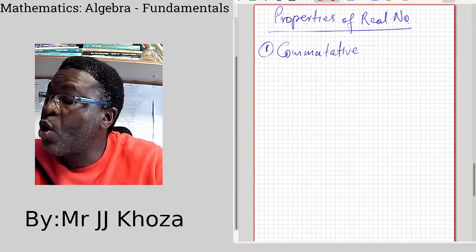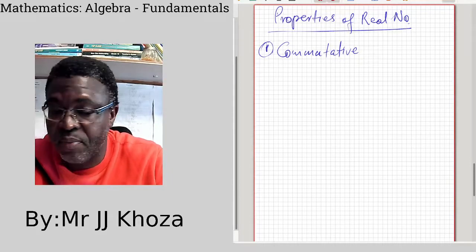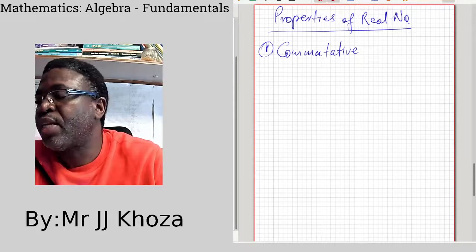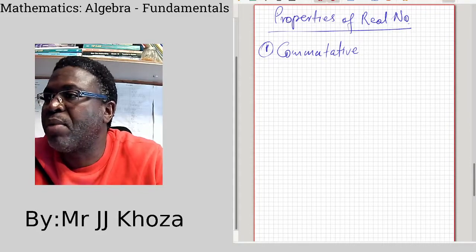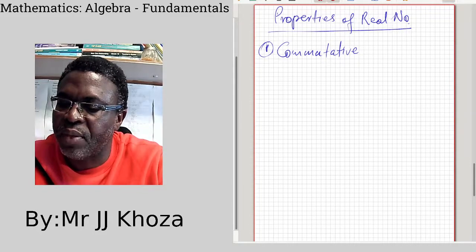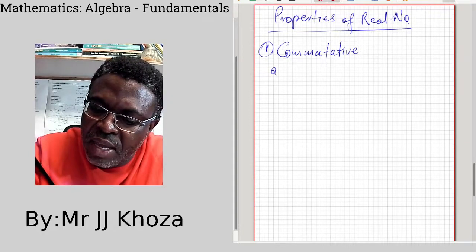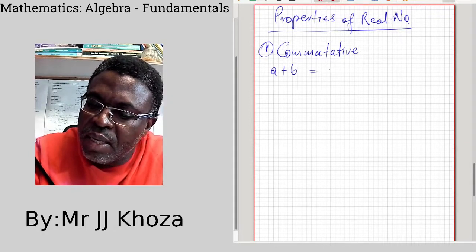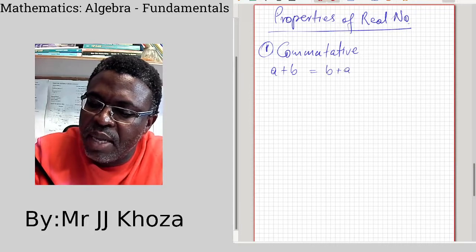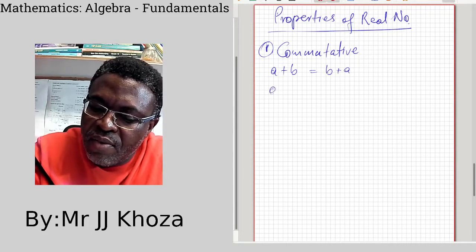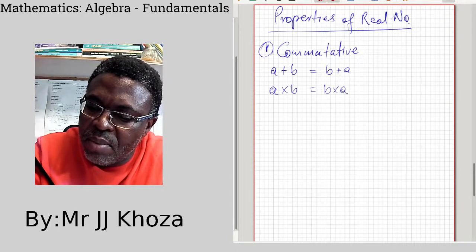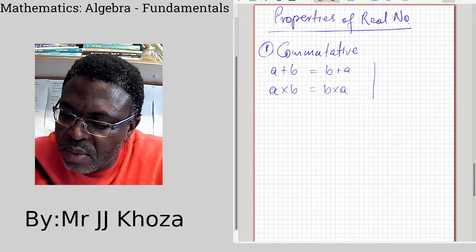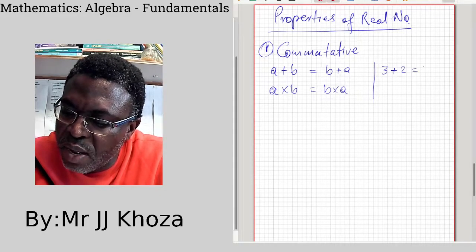So the commutative property teaches us one thing, that the order of adding numbers or the order of multiplying numbers does not matter. You can have A plus B, it's the same as B plus A. Even if you have A multiplied by B, it's the same as B multiplied by A. For example, 3 plus 2 or 2 plus 3, the answer is still 5.